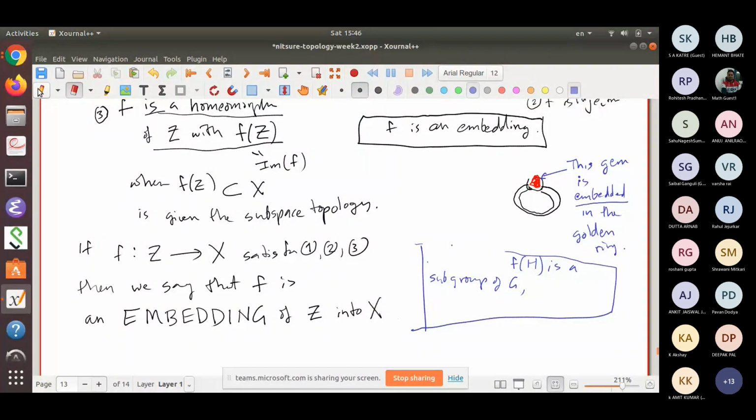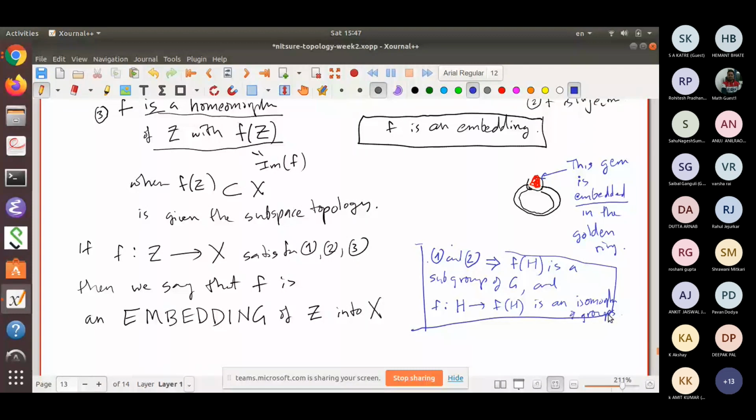So 1 and 2 imply FH is a subgroup of G and F from H to FH is an isomorphism of groups.